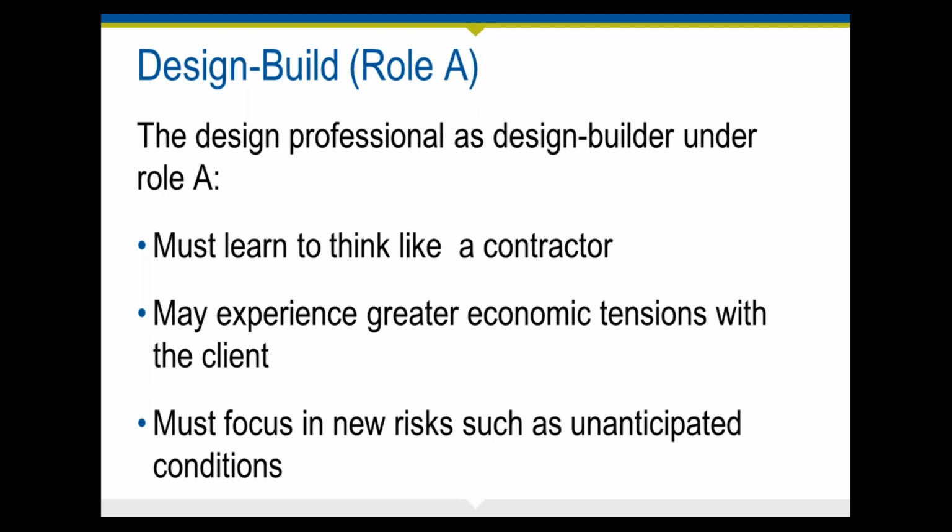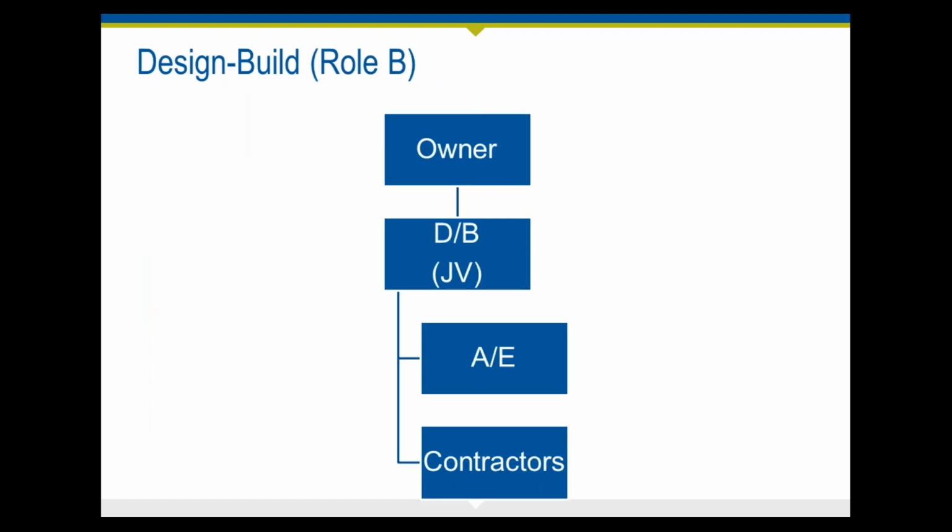So for design firms contemplating that, that is often a big cultural change. As I said earlier, though, we don't see a whole lot of design firms stepping up into this role, into Role A, to become a prime in a design build project. The next role that we see is where the design firm may enter into a joint venture with a construction contractor and together be primarily responsible to the client for design and construction of the project.